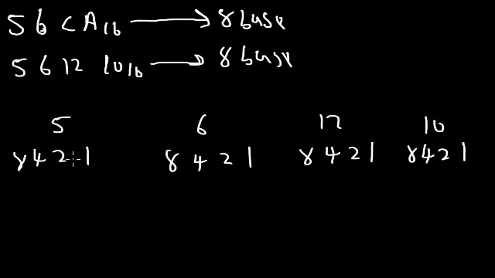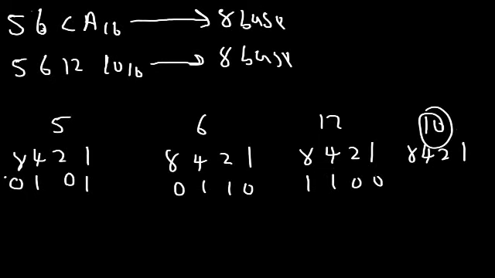So be very careful. Which of them add up to 5? That's 4 and 1. So I'm turning them to 1, 1. Or that's a 0, 1, 0, 1. What about 6? That's 4 and 2. 4 and 2 add up to 6. So I'm turning them to 1, 1. What about 12? That's 8 and 4. 8 and 4 add up to 12. 1, 1, 0, 0.